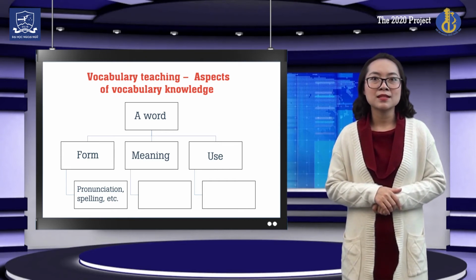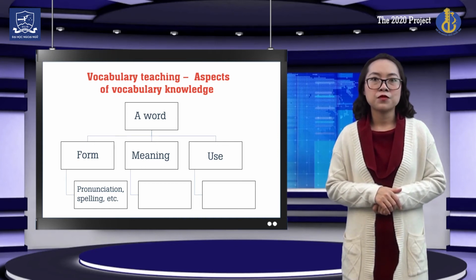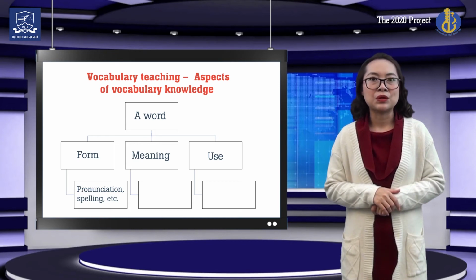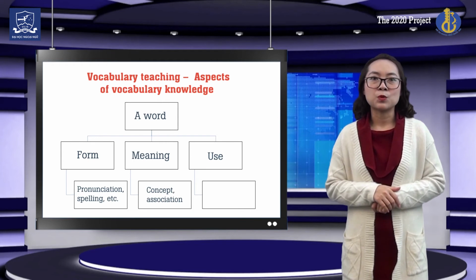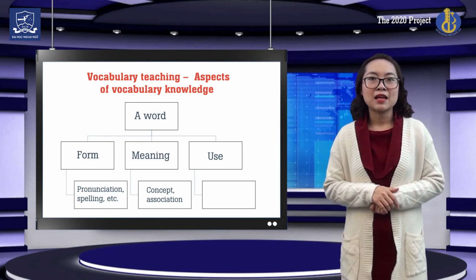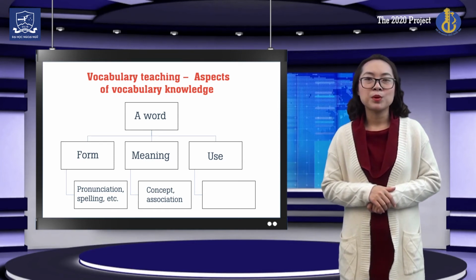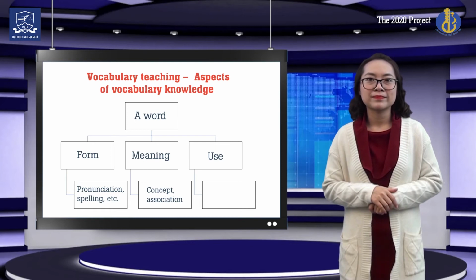He also stated that meaning encompasses the way that form and meaning work together. In other words, the concept and what item it refers to, and the associations that come to mind when people think of a specific word or expression.